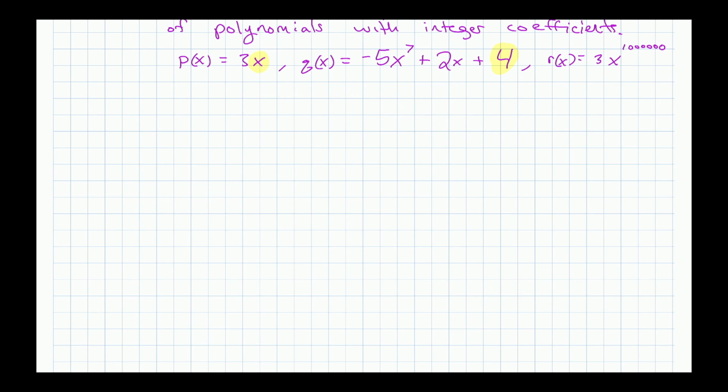So we're going to need a constant by itself, like a 4. Doesn't have to be 4, of course. Probably we're going to use 1, but you're going to need a constant by itself, because polynomials sometimes have a constant, and you're going to need an x because mostly polynomials have an x.